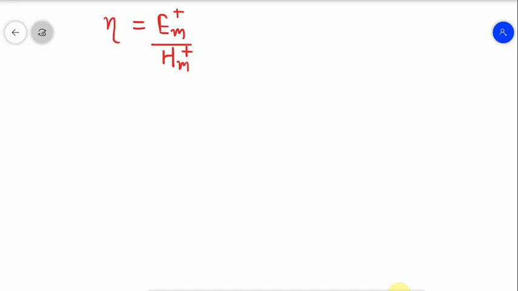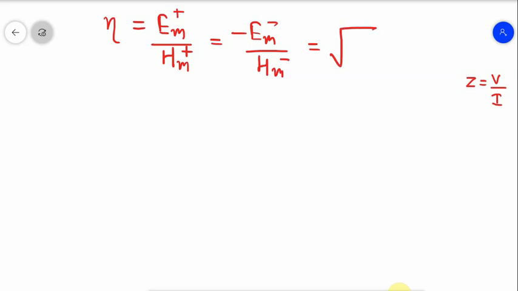Because impedance, if we write Z, Z equals V upon I. Yes or no? Your V is analogous to E and I is analogous to H. So eta equals Em plus upon Hm plus, or we can also write it as Em minus upon Hm minus, and this is equal to root of mu upon epsilon, and this is an impedance, so the unit is ohm.